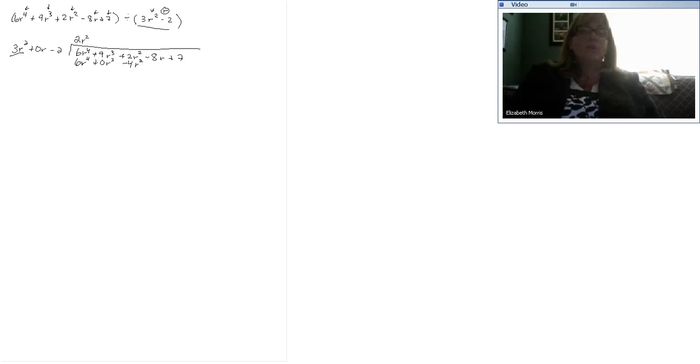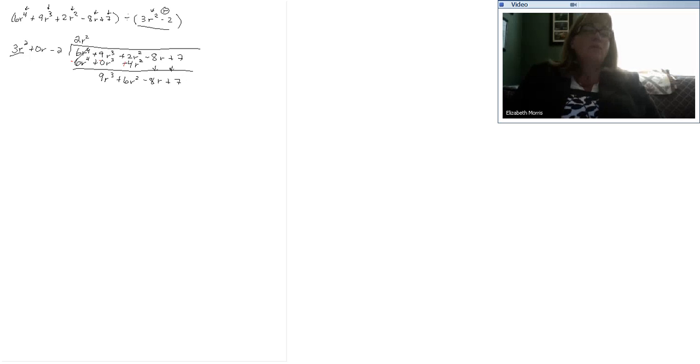But we are subtracting, so we need to change the signs. Now we can combine. Those cancel out. 9r cubed and 0, whether it's negative or positive, doesn't matter. You bring down the 9r cubed. 2r squared plus 4r squared is 6r squared. And we bring these down, minus 8r plus 7. And we start all over again.